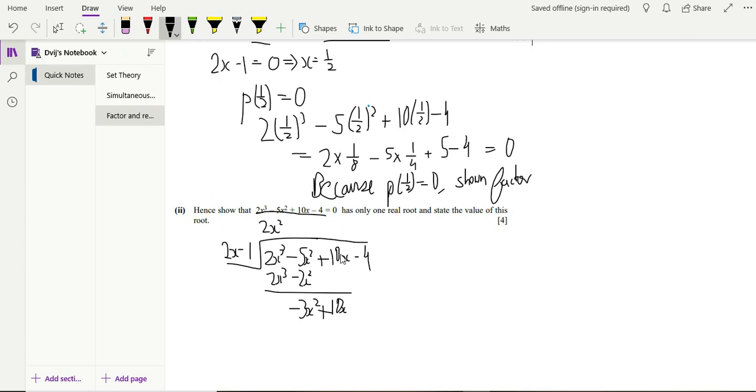Let's do the same thing again, and this time we're going to have... Oh wait, I think I made a mistake somewhere. Yeah, this should be x squared. My bad. So if that's x squared, then that's going to be 2x squared, and this is minus x squared. Sorry about that. You know what? Let me just start this again.